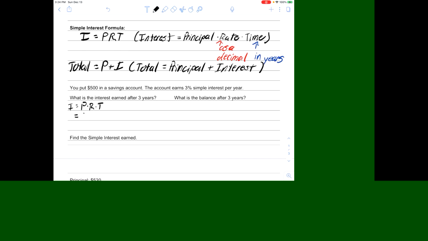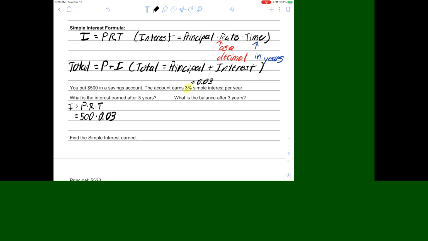In this case, it is $500. The rate, that's the interest rate as a decimal. Our rate here is 3%. 3% I need to turn into a decimal. To turn that into a decimal, I divide by 100, and that gives me 0.03. So 0.03 is what goes in for the rate.